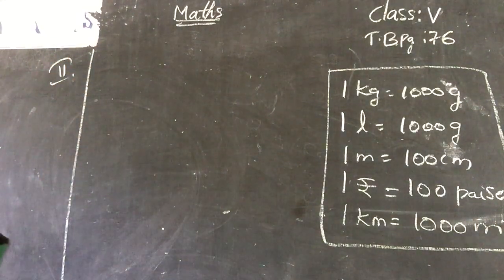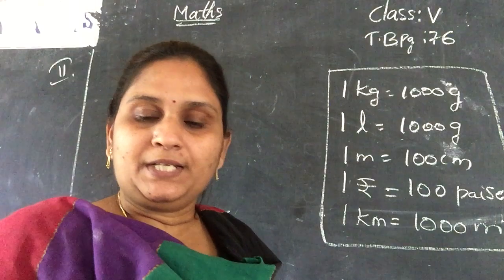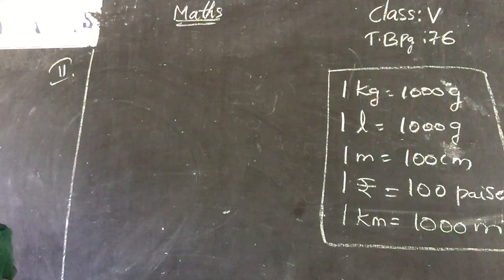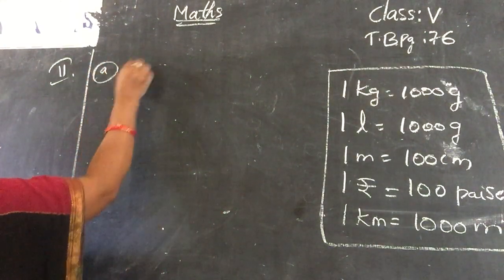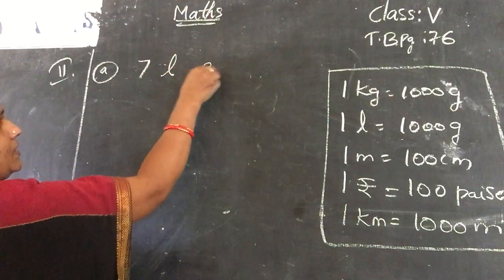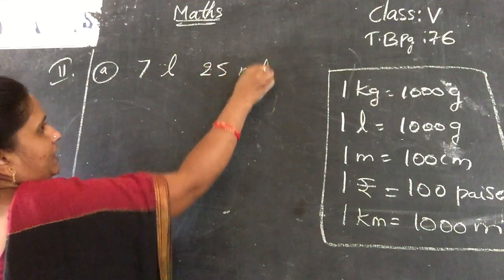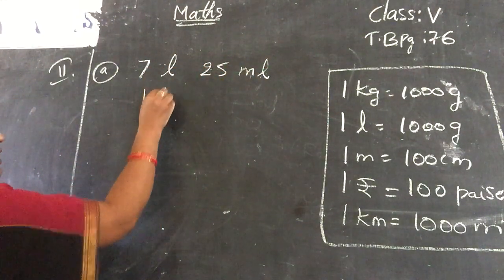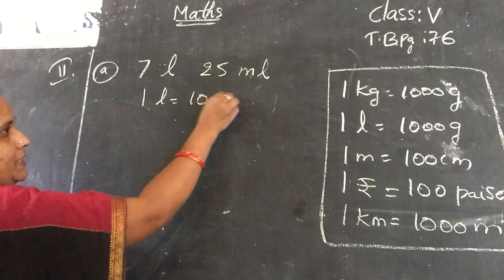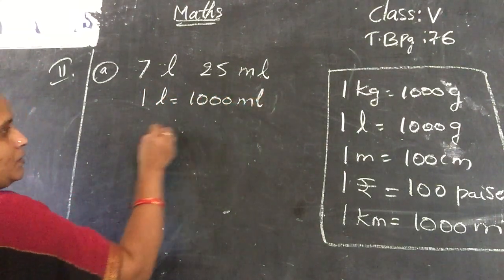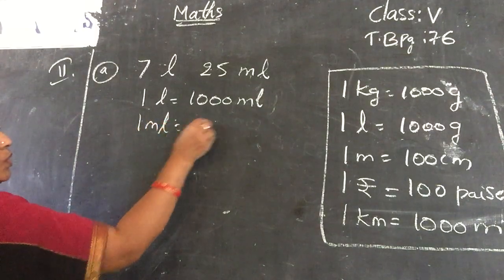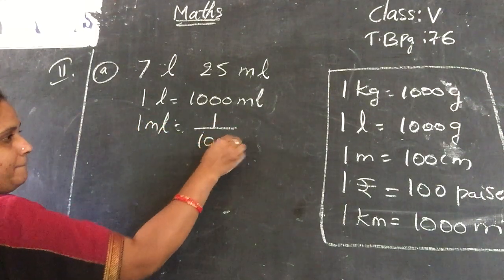In section 2, the first one will be 7 liters 25 milliliters. Right now 1 liter is equal to 1000 milliliters. 1 milliliter is equal to 1 by 1000.